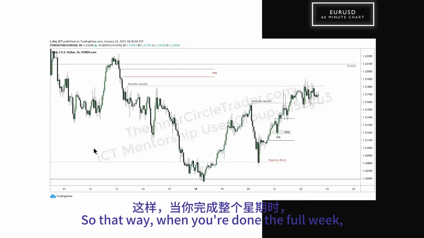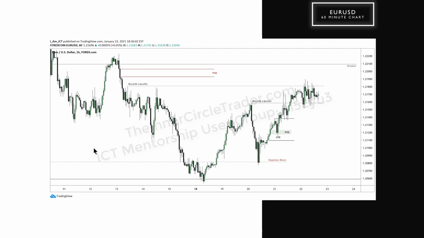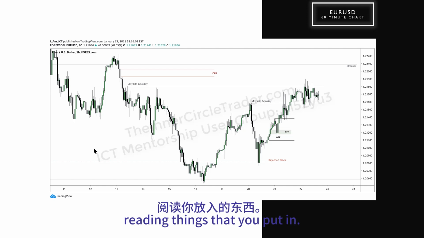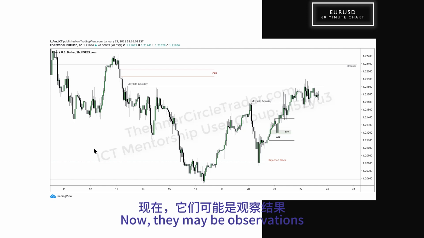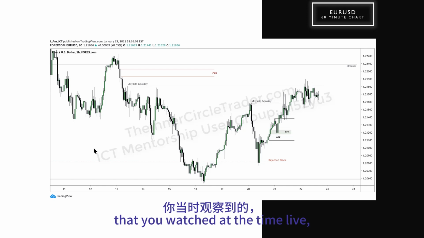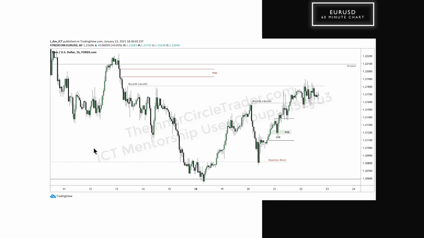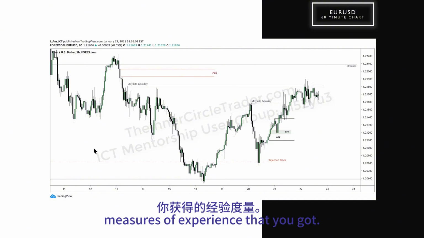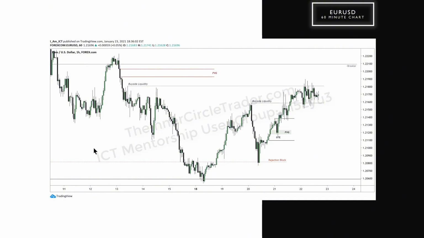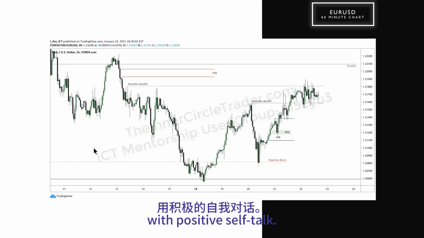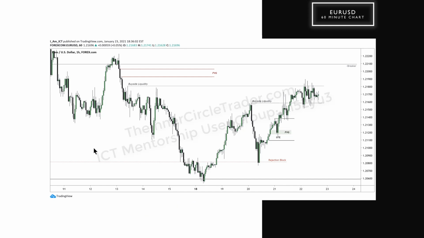So that way, when you're done with the full week, you go back and review your charts, reading the things that you put in. Now, they may be observations that you made live at the time, which are real measures of experience that you got. Or by the benefit of hindsight, you're tricking your brain with positive self-talk.